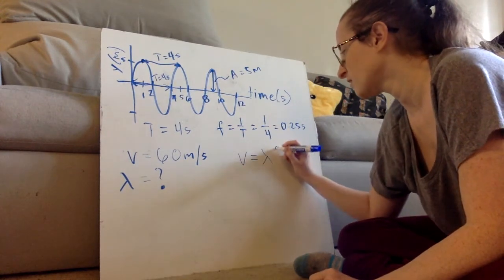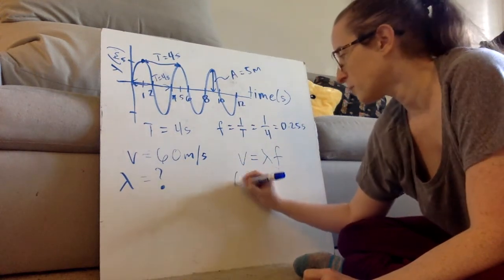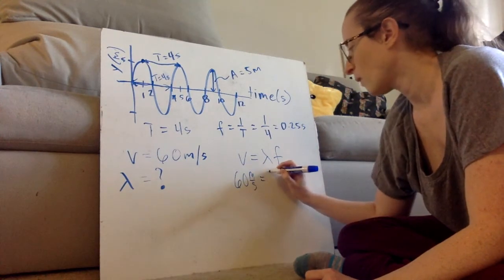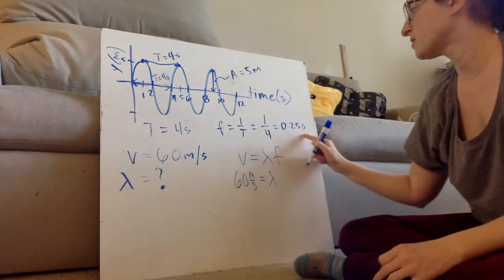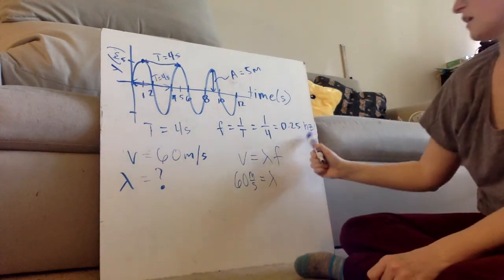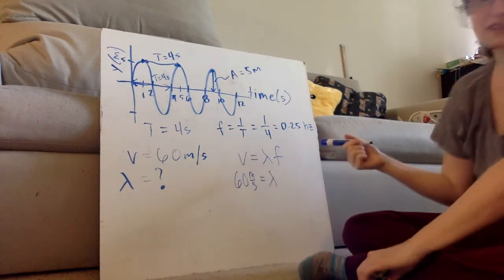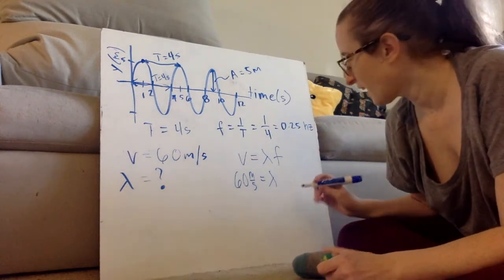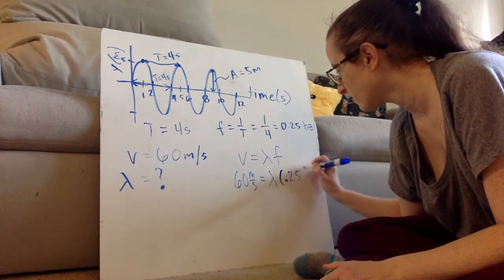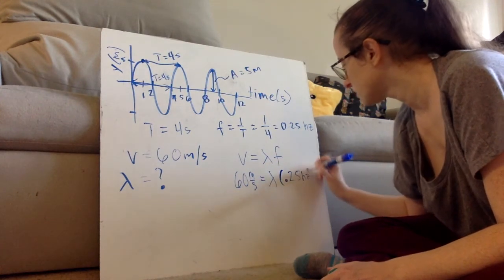So we're using our new equation. We're plugging in 60 meters per second for v. Our wavelength is what we're looking for, and we got our frequency earlier. Oh, I put the wrong units earlier. This should be in hertz. That's in seconds. Hertz is inverse seconds. And then frequency is 0.25 hertz.